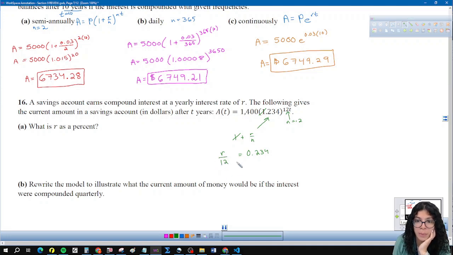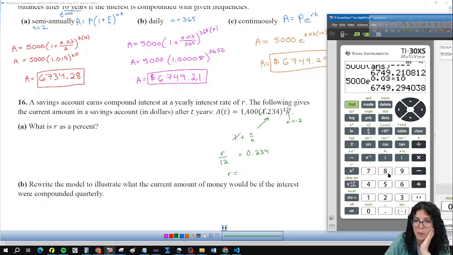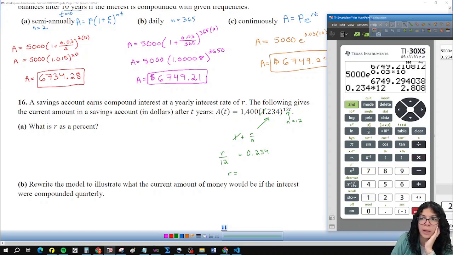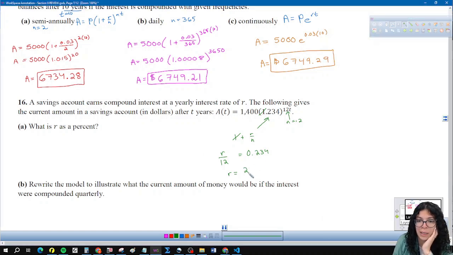If I multiply by 12, that gives me back the yearly rate. Since N is 12, the yearly rate divided by 12 was 0.234. So if I multiply 12 back in, I will get the yearly rate, which is 2.808.